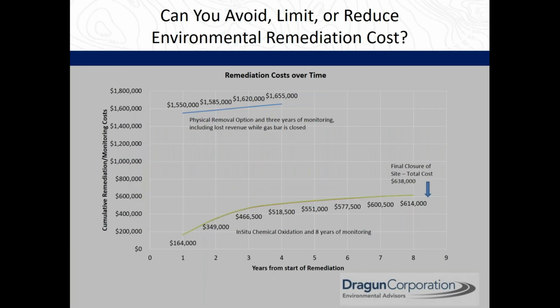So we went back, and now it's been a couple of years since we've completed this project, and we've looked at this graph as to where we would have been with the options.